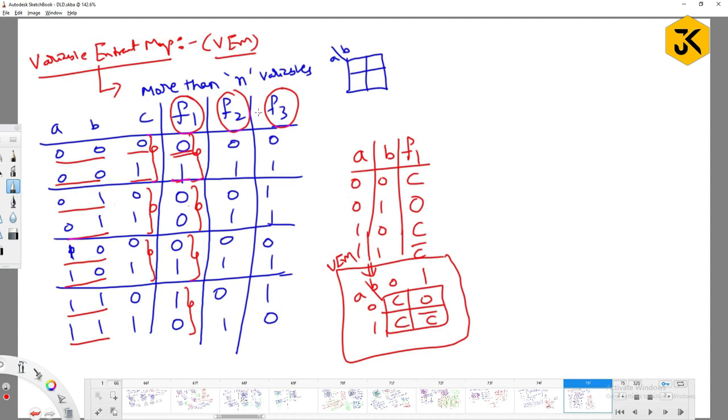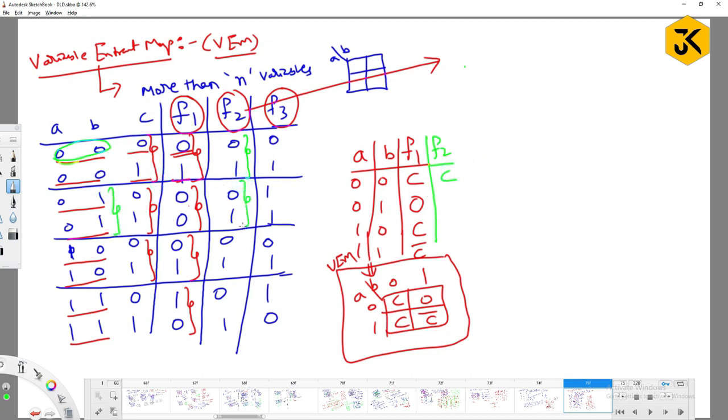For example, try to solve for F2. What can you do? If I take F2, here only I will write. If I have the input 0 0, what is the output? 0, 1, which is the same as C. So can I write C here? If I have the input 0 1, what is the output?